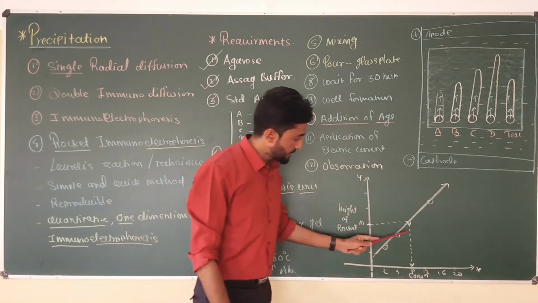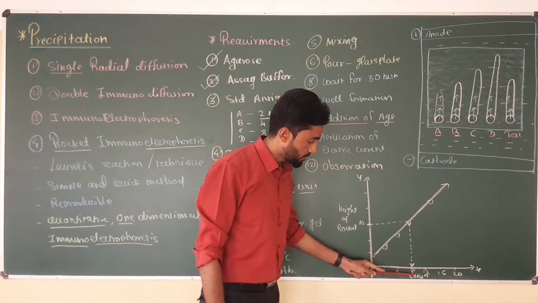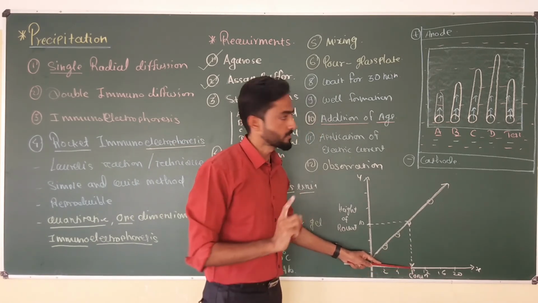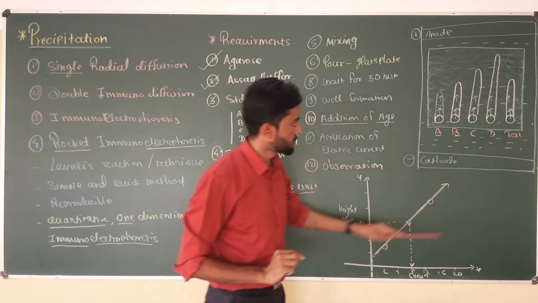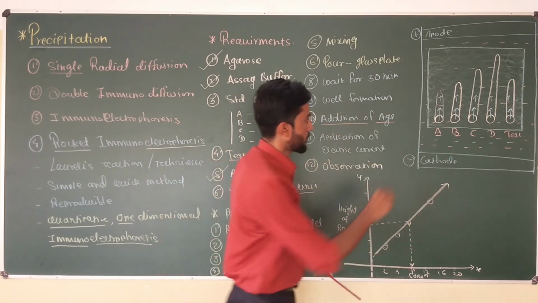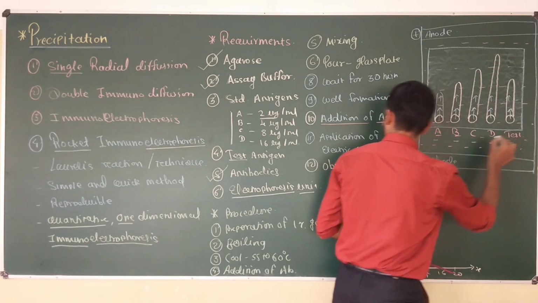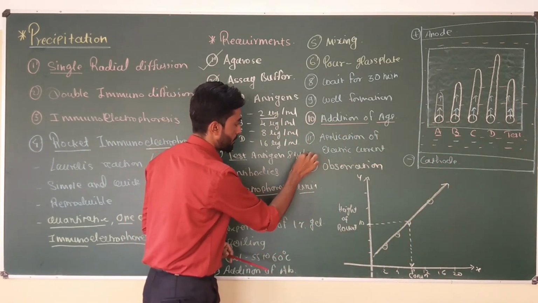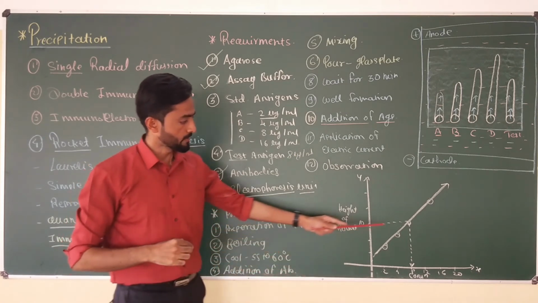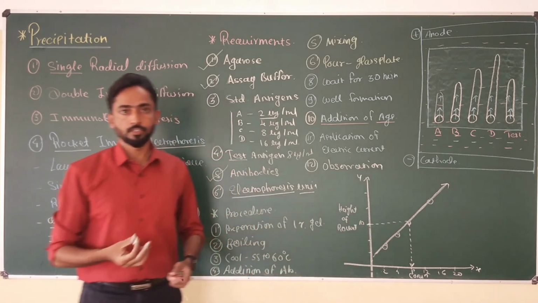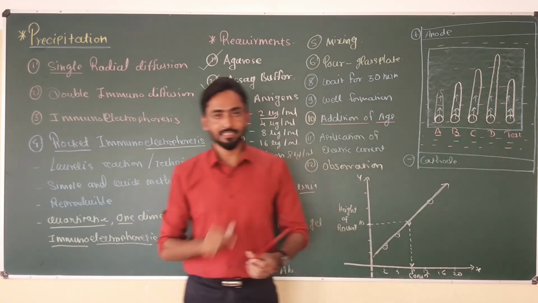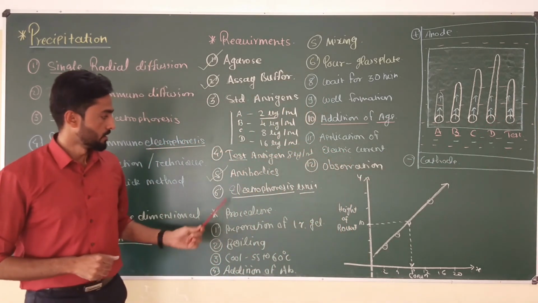The line touches the x-axis at the bottom, and this point indicates the concentration of the test antigen. Suppose it is 8, so the concentration of the test antigen will be 8 microgram per ml. So with the help of standard graph extrapolation, you can easily find out the concentration of test antigen present in the sample.